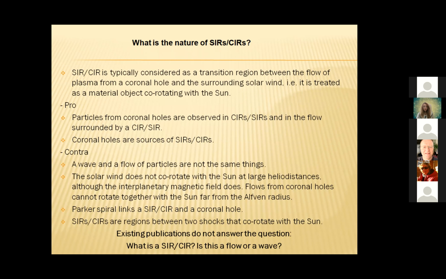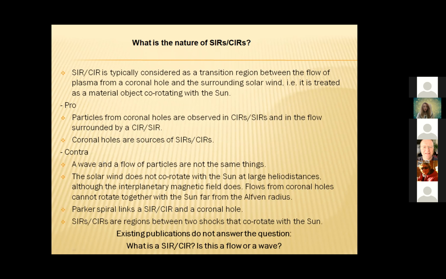In other words, it's treated as a material object rotating with the Sun. On the one hand, coronal hole particles are observed in the stream interaction region. The presence of some connection between stream interaction regions and a coronal hole is obvious.